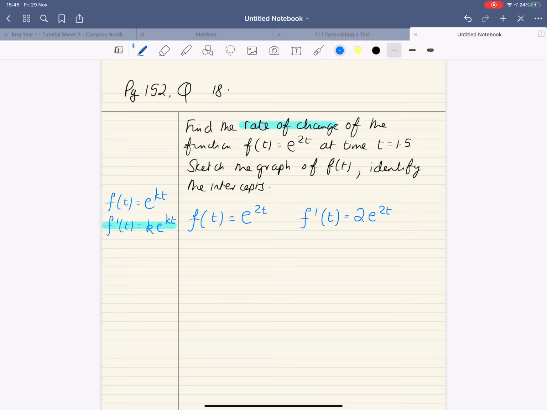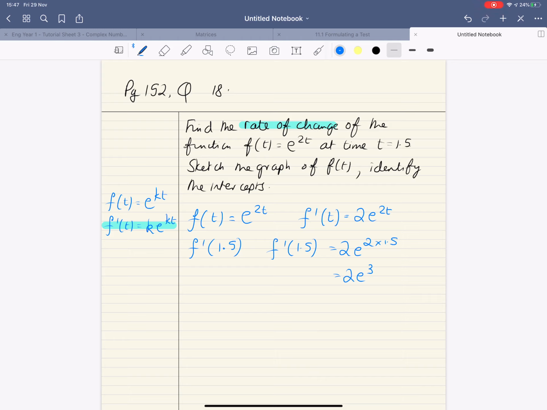If you want f dashed of 1.5, because it's at time t equals 1.5, we substitute the 1.5 in there. F dashed of 1.5 is 2 e to the 2 times 1.5, so that's 2e cubed, because 2 times 1.5 is 3.